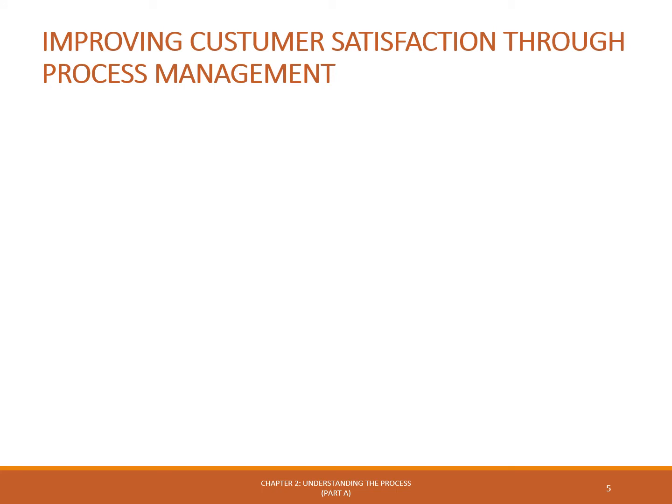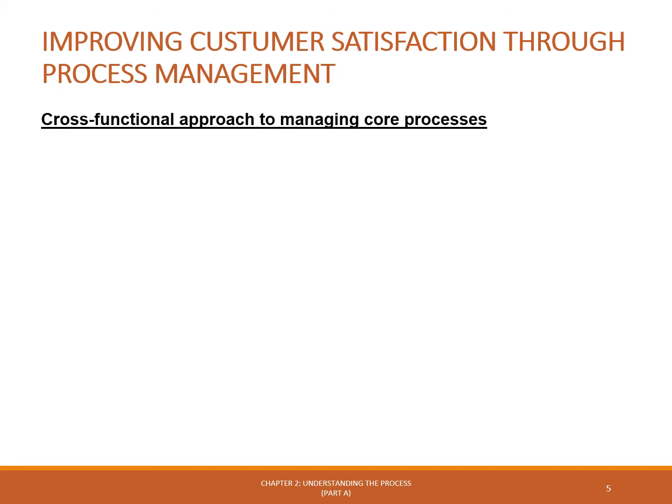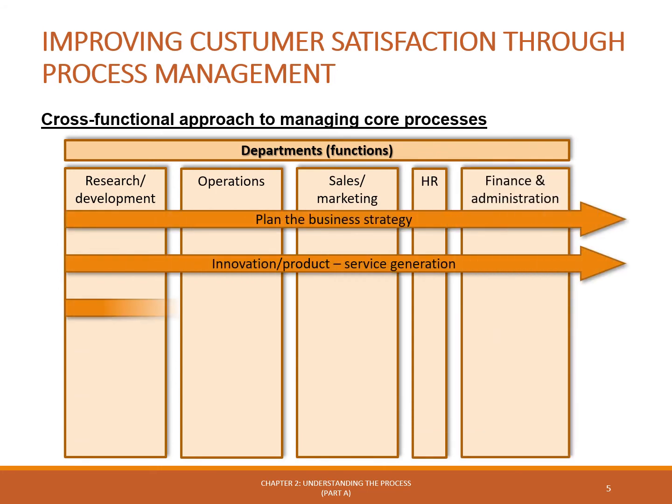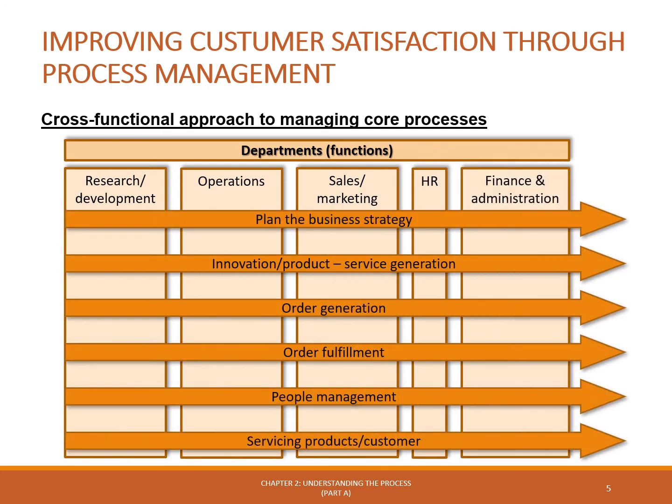An alternative and more effective way to manage the organization is through the concept of cross-functional management of the process, in which the departments and their respective functions share a horizontal view of the business. This approach requires shifting the work focus from a functional management perspective to a process management perspective.